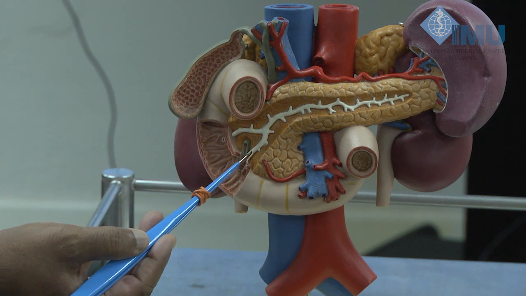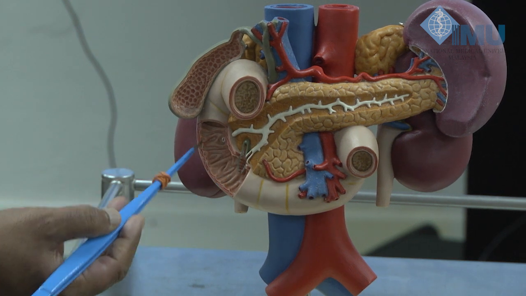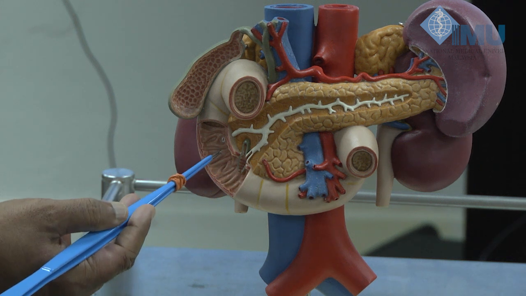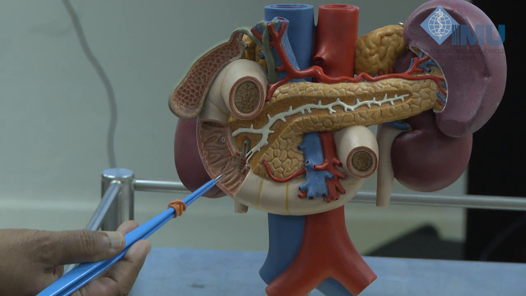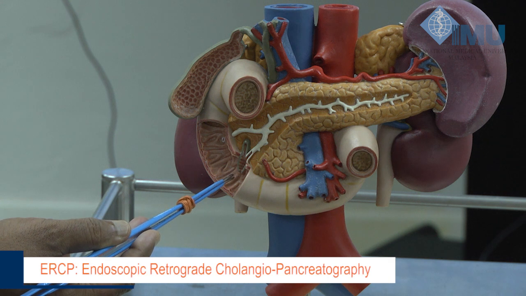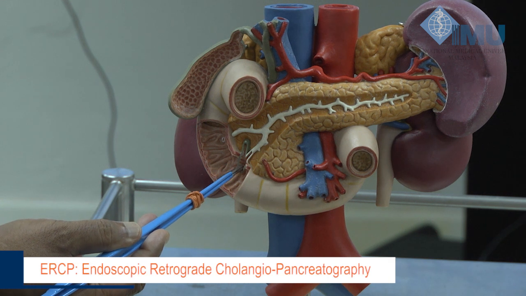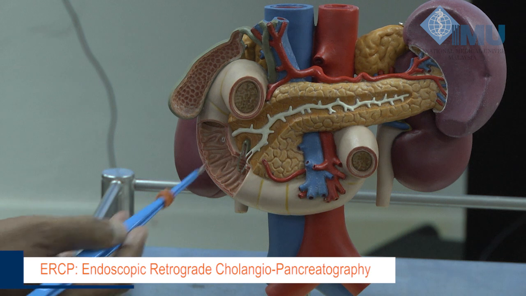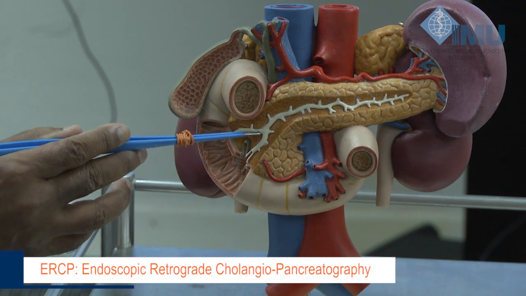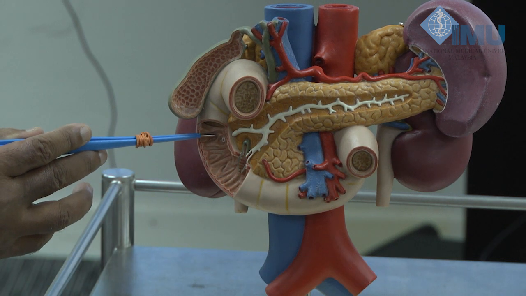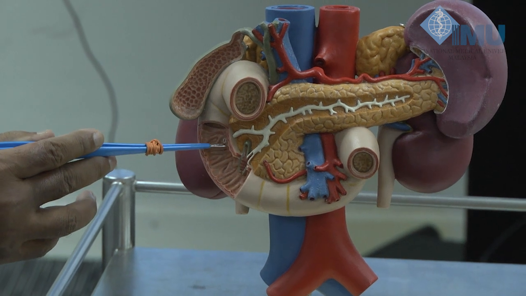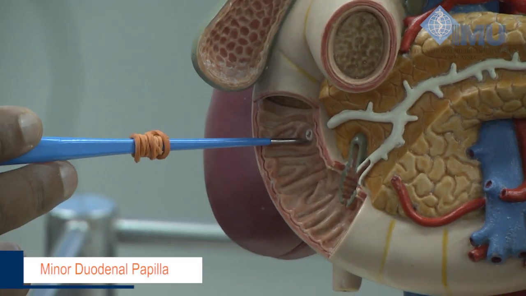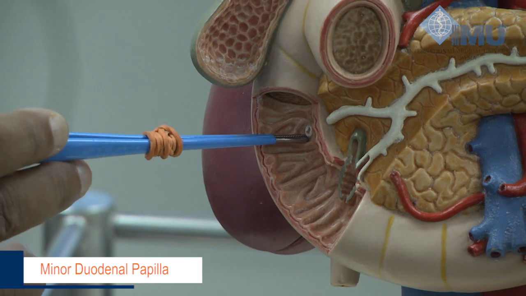You can also explore the pancreas, and this is a very important radiological procedure which is called ERCP, endoscopic retrograde cholangiopancreatography. You can also see the accessory pancreatic duct, it is opening in another additional structure, only in a few cases we can find it, and which is called minor duodenal papilla.